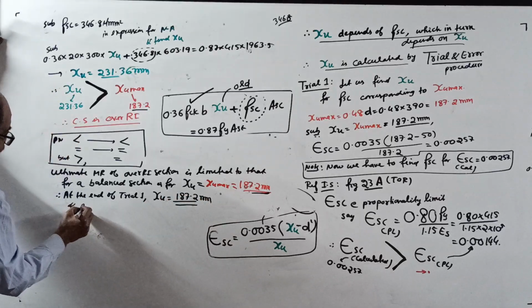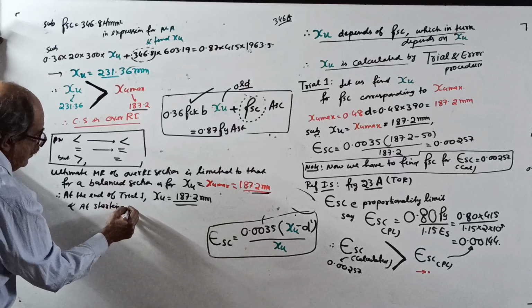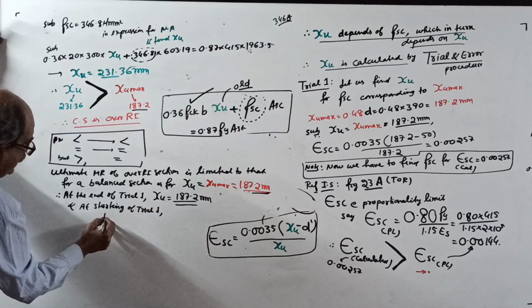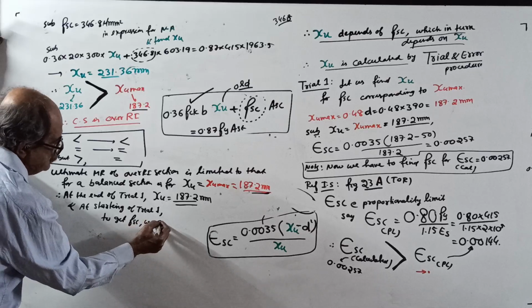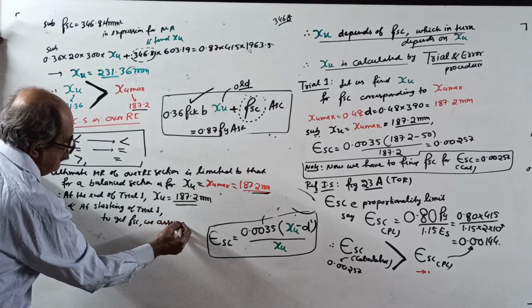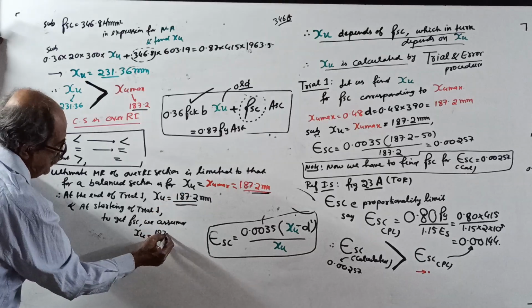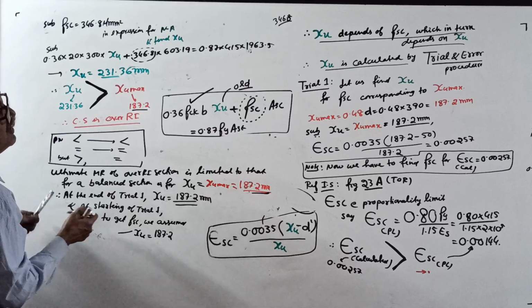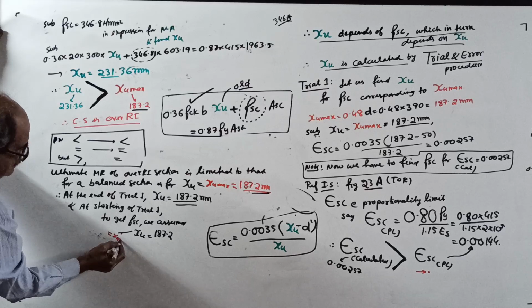And at the starting of trial 1, to get FSC, we assumed XU equal to same 187.2 only, that is equal to XU max. If you remember, it is still there, equal to XU max.